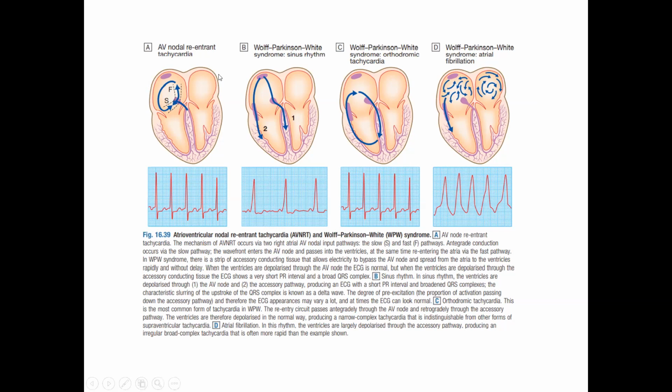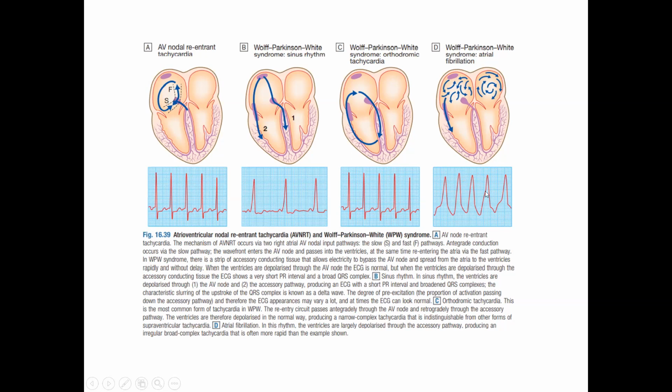You see the ECG. In case of AV nodal reentry tachycardia, the heart rate is very high. In case of Wolff-Parkinson-White syndrome, the heart rate will be normal, but the QRS complex is abnormal, and P waves are also affected. In case of orthodromic tachycardia, the heart rate is increased, and the QRS complex is affected along with the P waves.